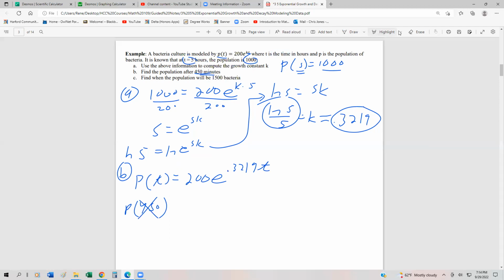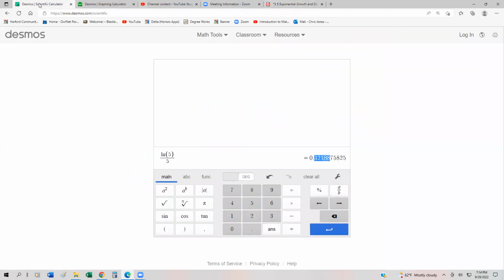So what we're going to have to do is convert our minutes to hours. We take 450 divided by 60, since there are 60 minutes per hour. In our calculators, we can go ahead and do that. 450 divided by 60 gives us 7.5.